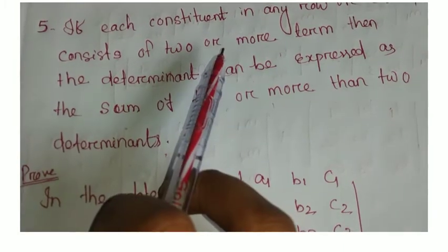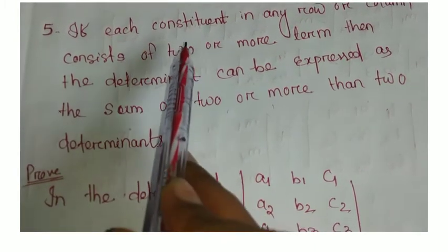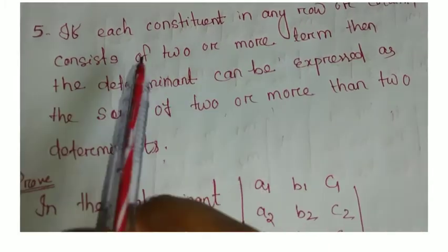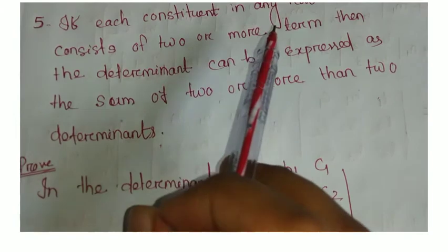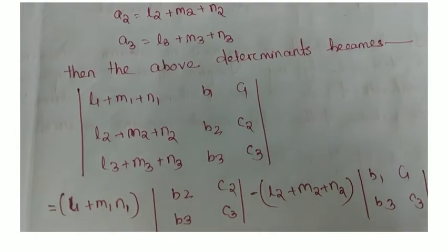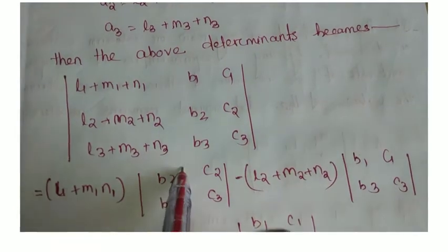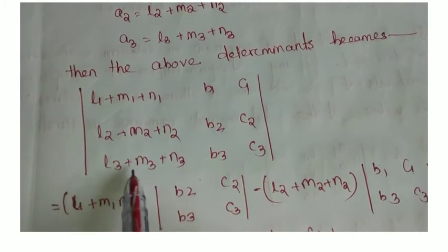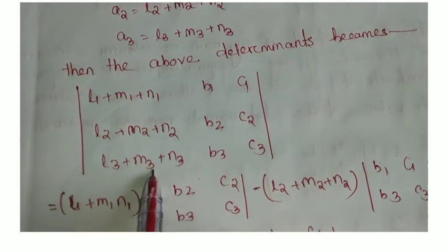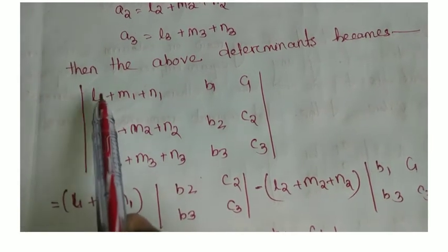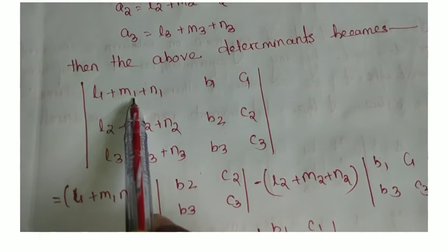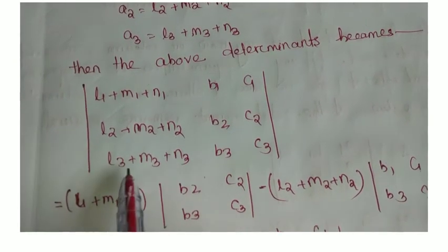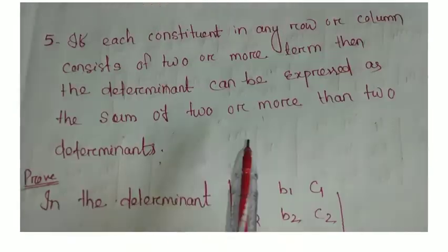That means if the elements of any row or any column of a determinant consist of two or more terms. For example, in this determinant there are three terms in the first column: L1, M1, N1, and L2, M2, N2, and L3, M3, N3.